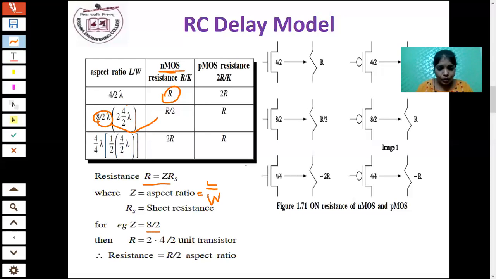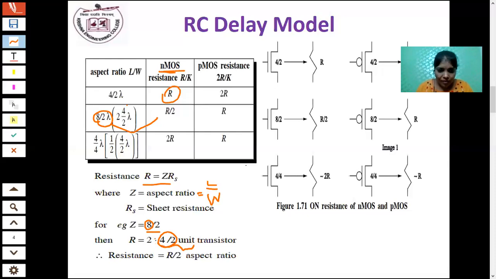The 8 by 2 can be written with the numerator 8 in the factor of 4, so I can write it as 2 into 4. Already I told you that 4 by 2 is a unit size, the minimum size of the transistor. So I can write R is equal to 2 into 4 by 2, where 4 by 2 is the minimum size of the transistor.